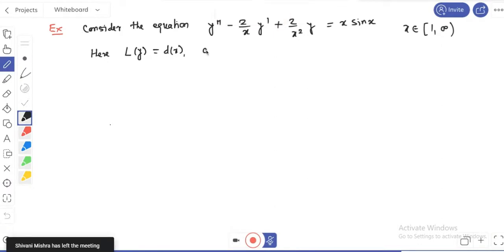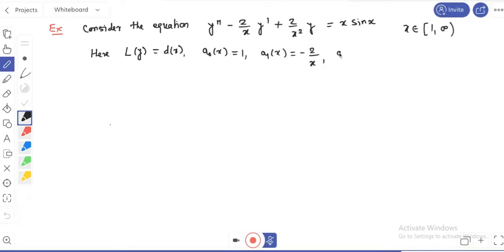Here, what is a0? a0 is 1. What is a1? That is minus 2 over x. What is a2? This is 2 over x square. And what is d(x)? This term equals x sin x. This is a non-homogeneous second order differential equation.